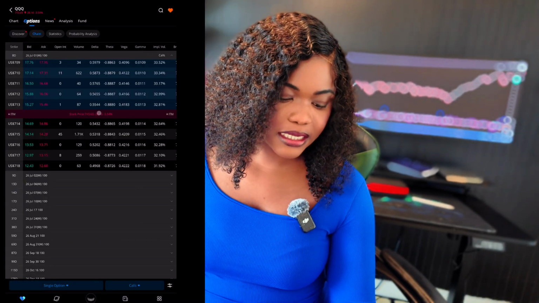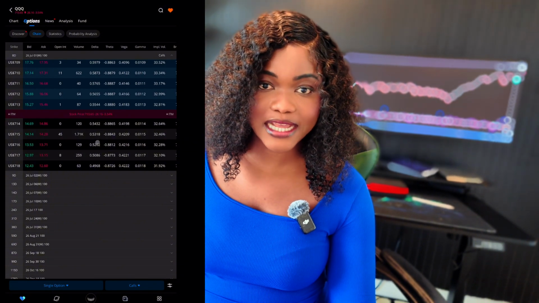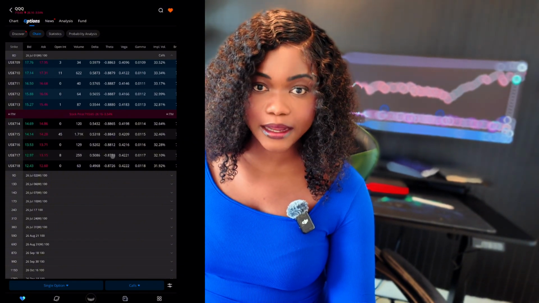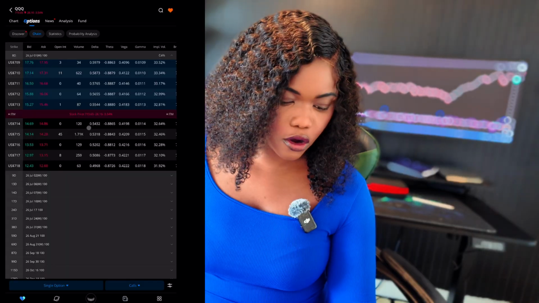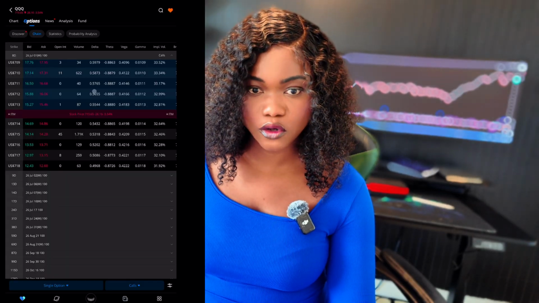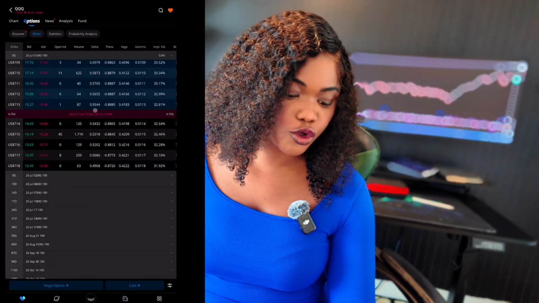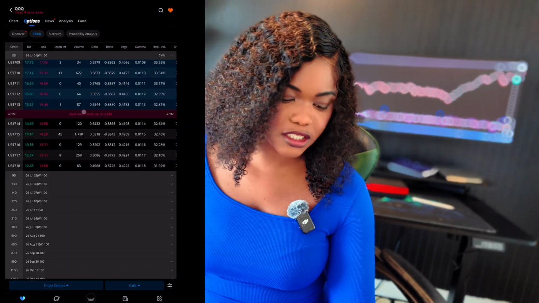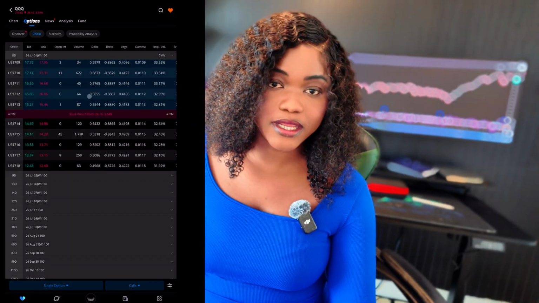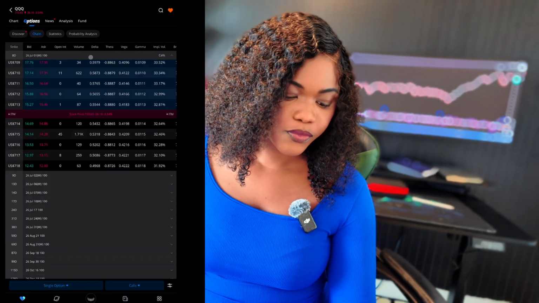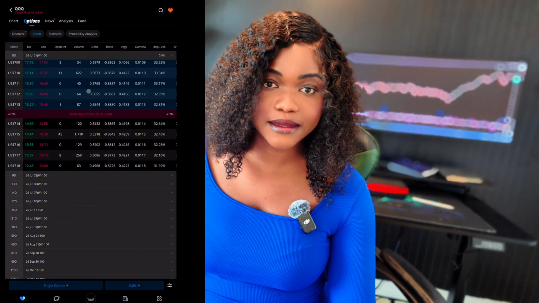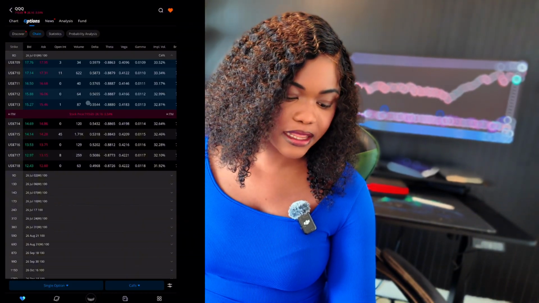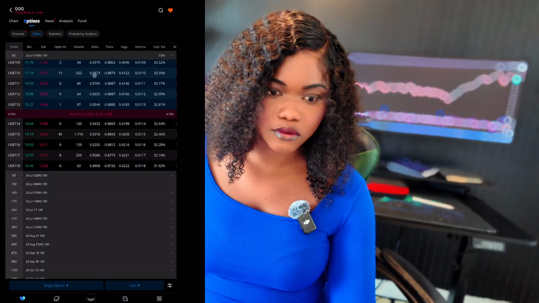Being in the money is simply an option contract that has a delta of 0.5 and above, which also has intrinsic value. So as option buyers, you should be looking for in the money contracts. Webull has made it so easy for you to differentiate between in the money and out of the money contracts by putting different backgrounds.